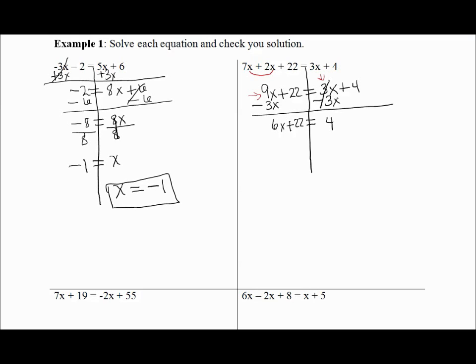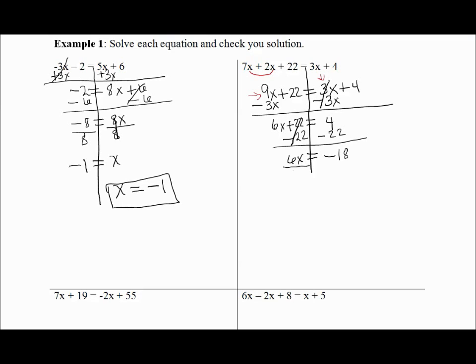So I have 6x plus 22, so I know I have to do minus 22 to both sides of the equation. Bring down what you have left. 6x, 22's cancel out. 4 minus 22 will give me a negative 18.